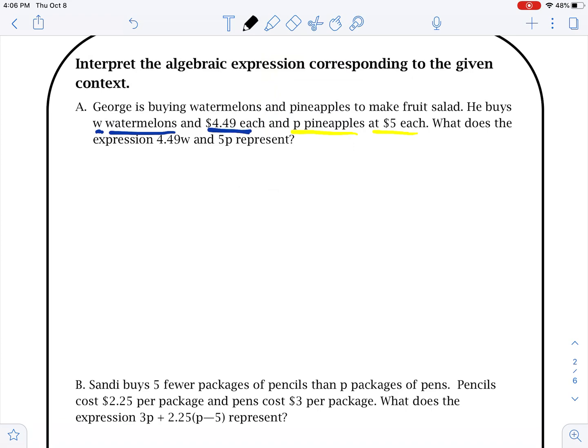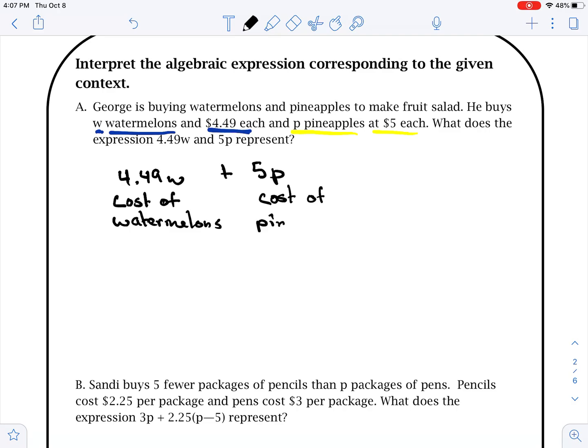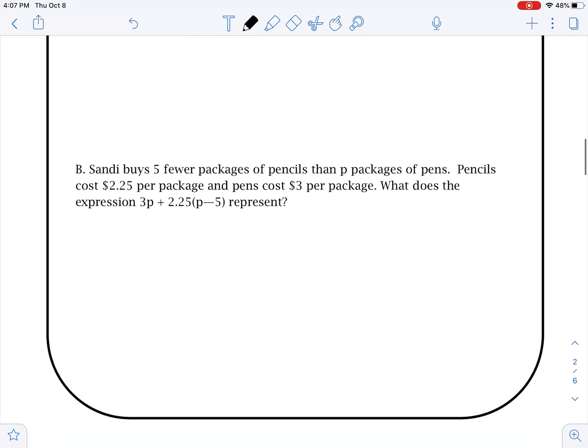So when we go through here, this $4.49 W, that's the cost of watermelons. And then this 5P is the cost of pineapples. And so we just want to write that down.